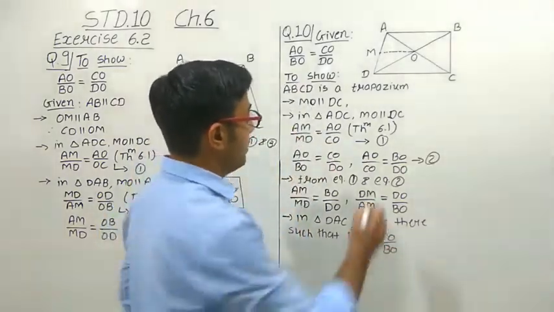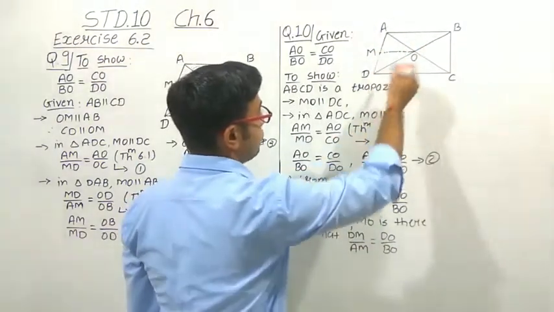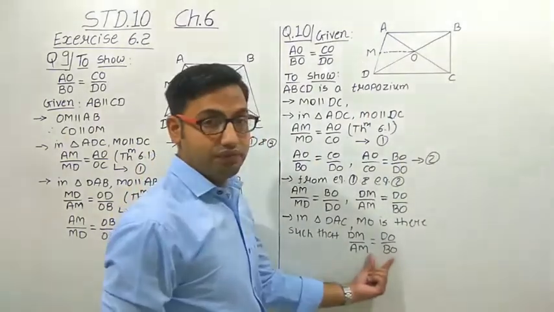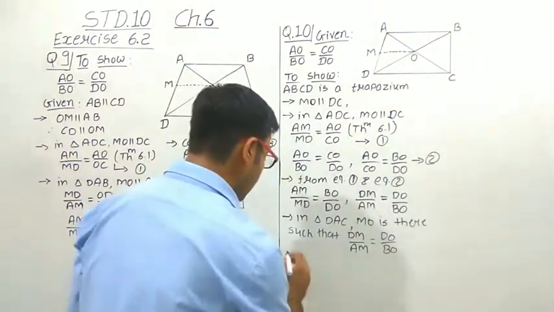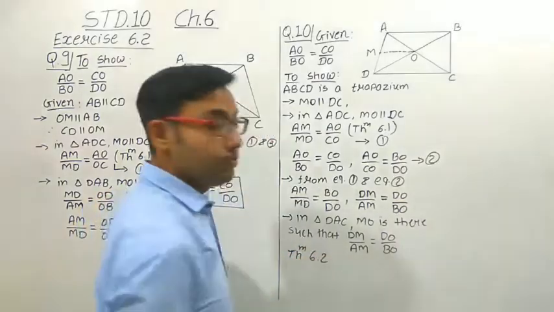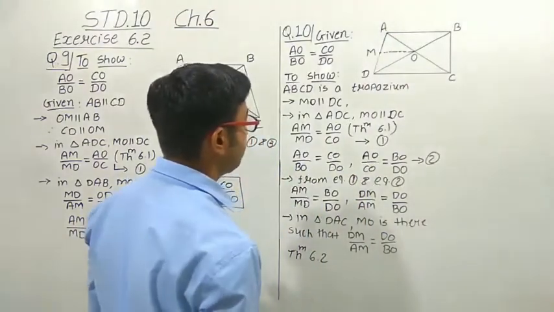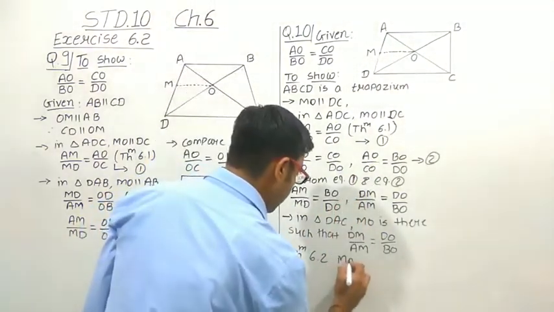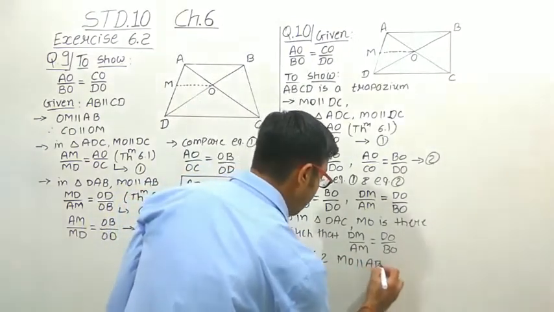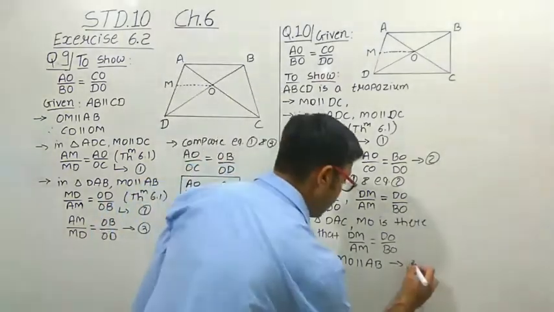Now what will happen if a line intersects two sides of a triangle in such a way that the ratios are equal? According to theorem 6.2, now we can say that MO is parallel to AB. Give it equation number 3.